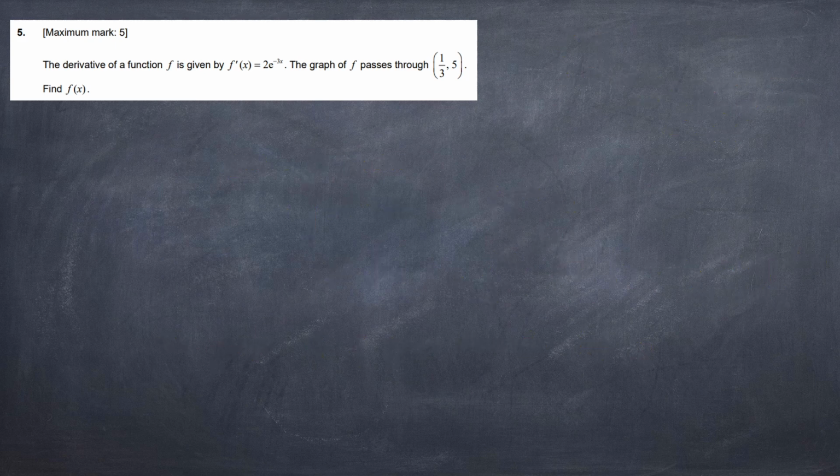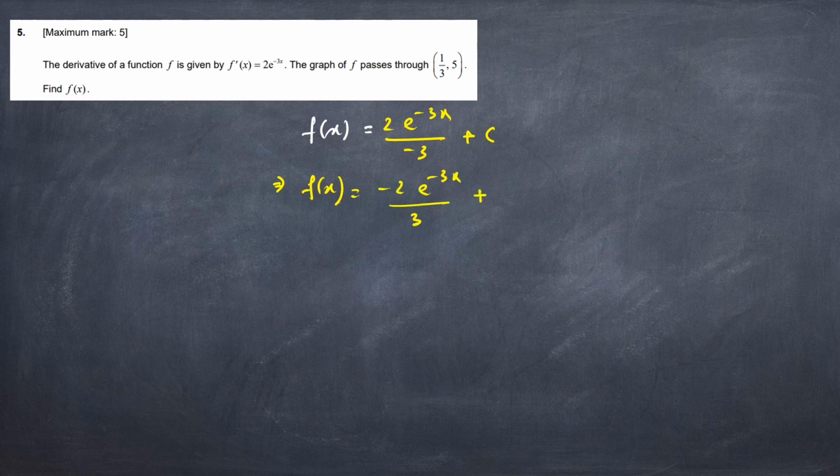So let's do it. The f(x) we got, with c, was 2 e to the power minus 3x divided by minus 3 plus c. Taking the minus part here, f(x) is equals to minus 2 e to the power minus 3x divided by 3 plus c.